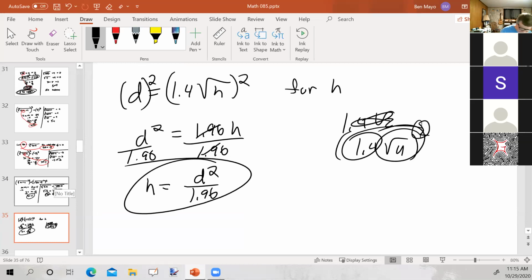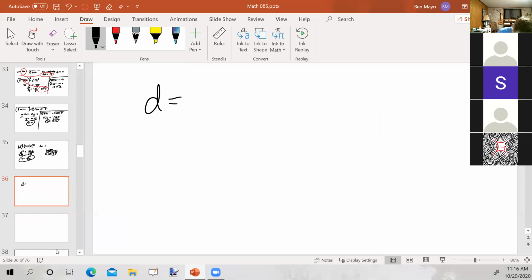You okay with this? That one was difficult, wasn't it? But it made sense. The part that got me was that you were taking the square root of h and basically turning it into division. Is that what I understand? No. Okay, let's go back here. 1.4 square root of h. We're squaring both sides.